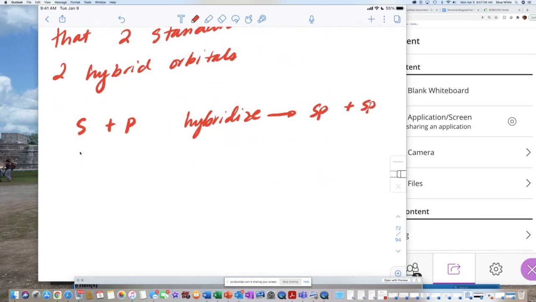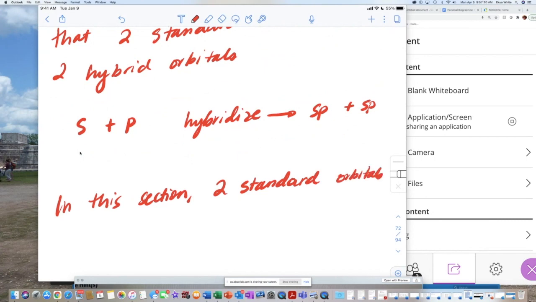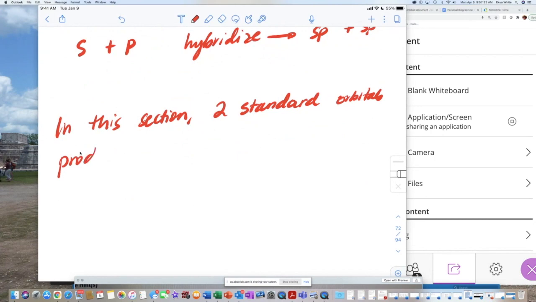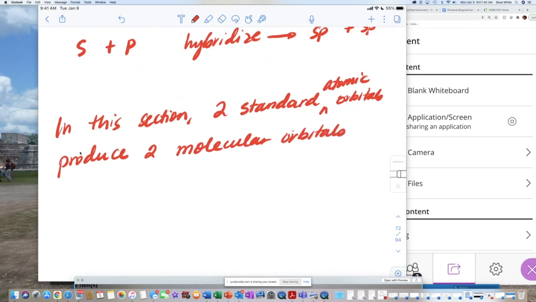In this section, we're saying two standard, not just standard, 2 standard atomic orbitals produce 2 molecular orbitals.